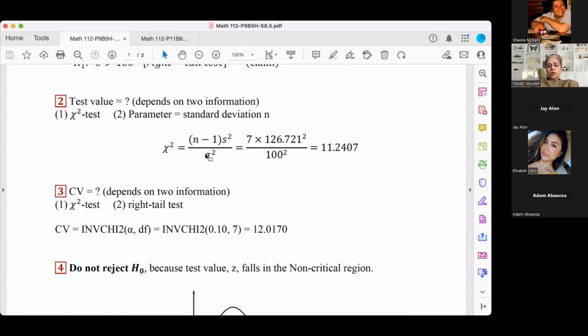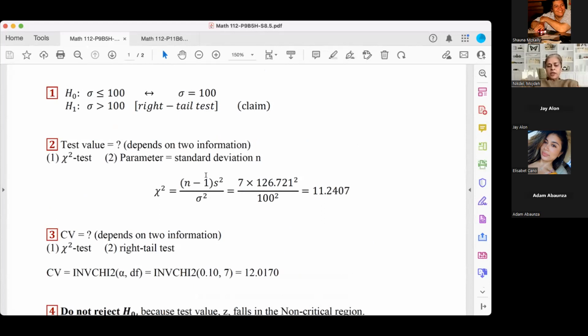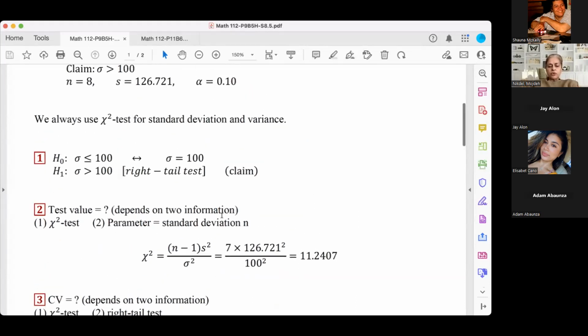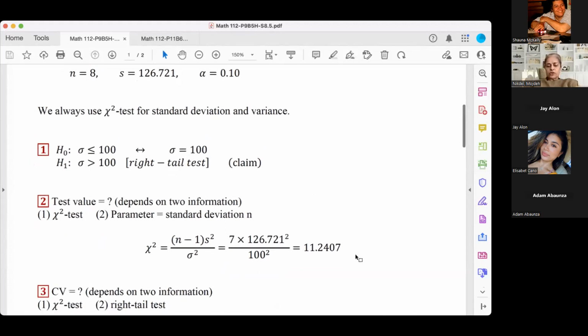It's the same formula as the previous example. I just plug in everything that we have. N is 8, 8 minus 1 is 7. S we calculated with the calculator, 126.721. Sigma was 100. So chi-square is 11.2407.